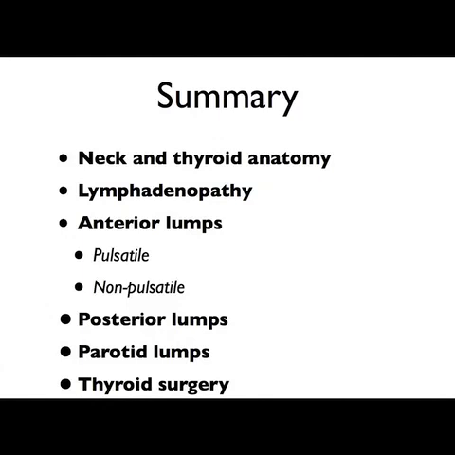We've looked a little bit at lumps in the parotid. Remember your pleomorphic adenomas and the important posterior relation of the facial nerve. Finally, we've looked at thyroid surgery for problem goiters, for relapsing hyperfunction in Graves' disease, and also for malignancy.